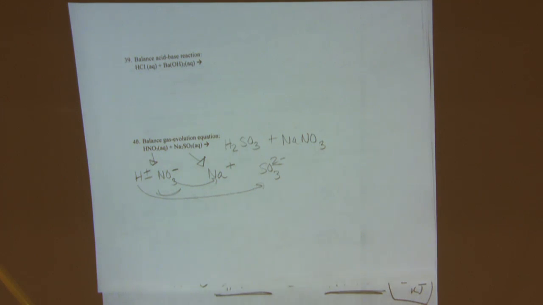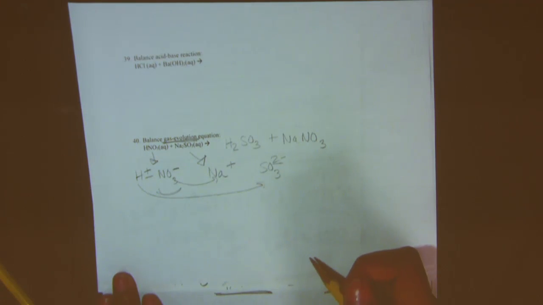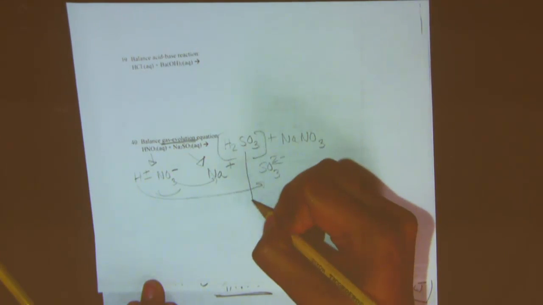So am I done here? Did I balance the equation? No, right? Especially in this question, I kind of gave it away by saying gas evolution equation, right? So even before I balance it, what do I do? Exactly. Even before you balance it, you have to break this value down. This is why I was saying there is a chart of certain gas evolution products that you need to memorize, and what they break down into.